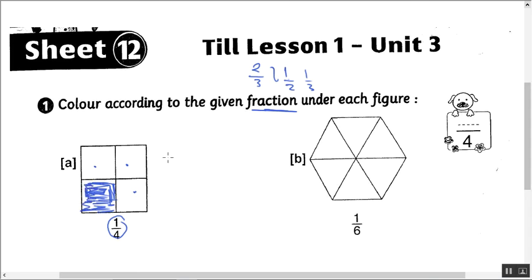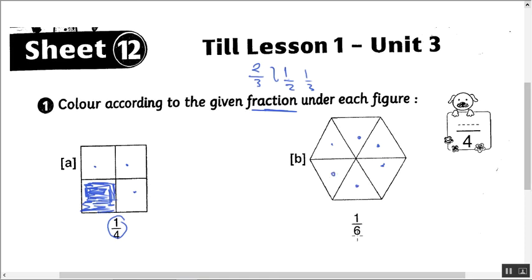Question B. He said 1 over 6. Here count how many parts. Here we have 1, 2, 3, 4, 5, 6. Here we have 1 over 6.